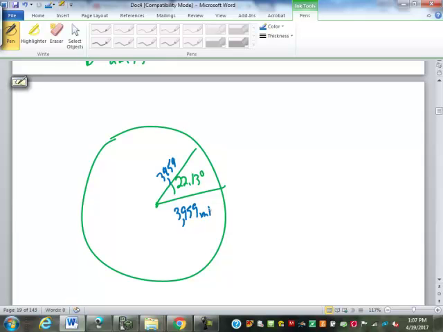So knowing that's 3,959 miles, we can then find that distance. Because we know that the circumference of the whole circle is 2 times pi times 3959. So the arc length, did you guys talk about arc length at all last semester? The arc length is a fraction of the circumference of the circle. So it's that 2 times pi times 3959.